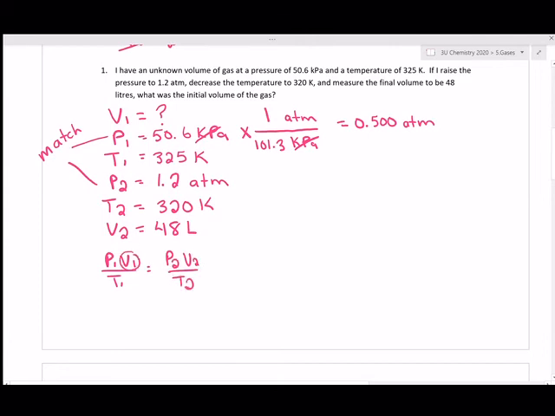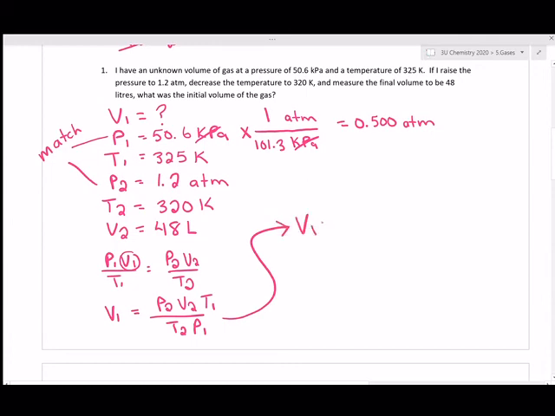I want V1 by itself. So to get rid of P1, I'm going to divide it out of both sides. Notice the other side won't change. Like, you're still going to have the exact same stuff. You're just going to add things to it. So I'm going to divide out P1 out of both sides, and I'm going to multiply both sides by T1. So that is my correct formula.